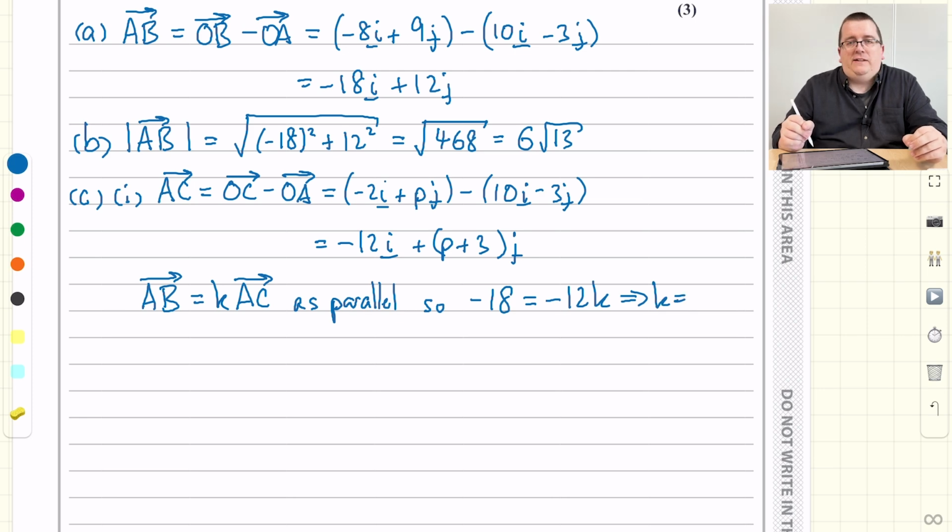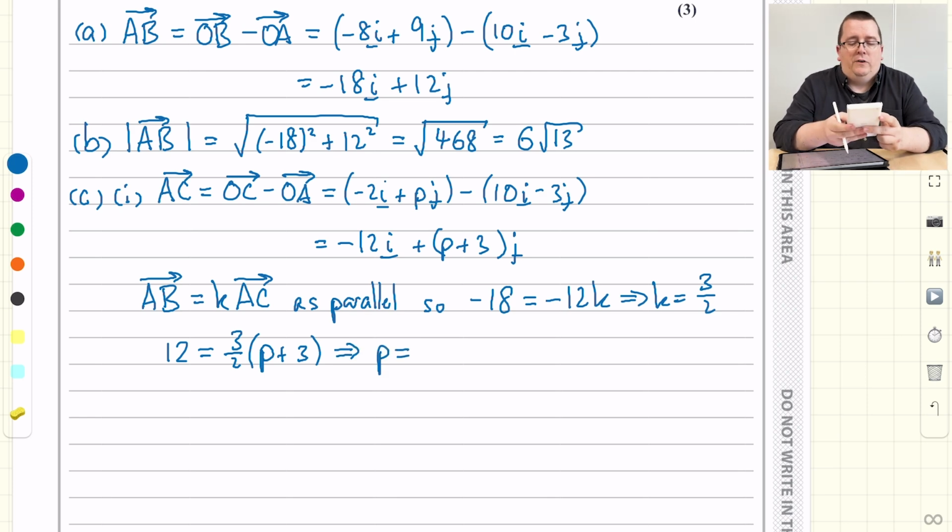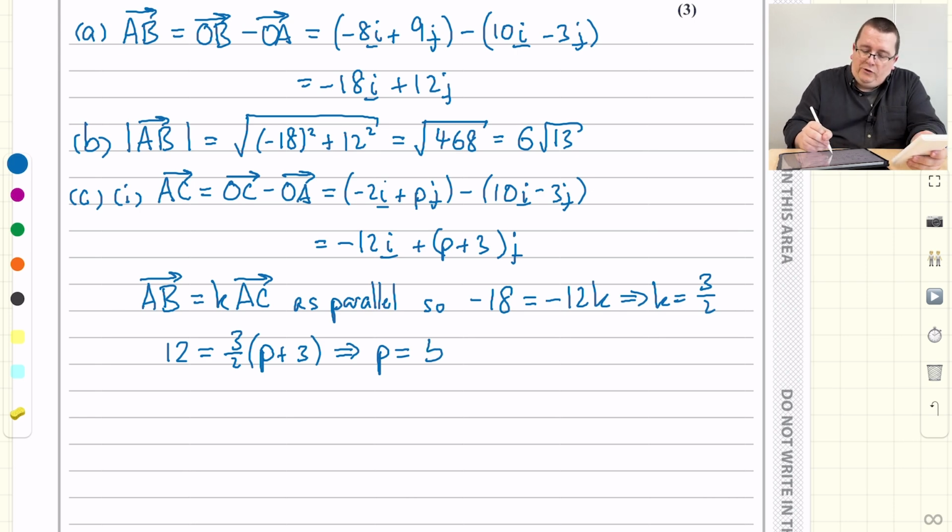So if we do minus 18 divided by minus 12, that's going to be 3 halves. So k is 3 halves. So then the j component of AB must be 3 halves times the j component of AC. So if I do 12 divided by 3 halves, that's 8. Take away 3 is 5. So p is 5.